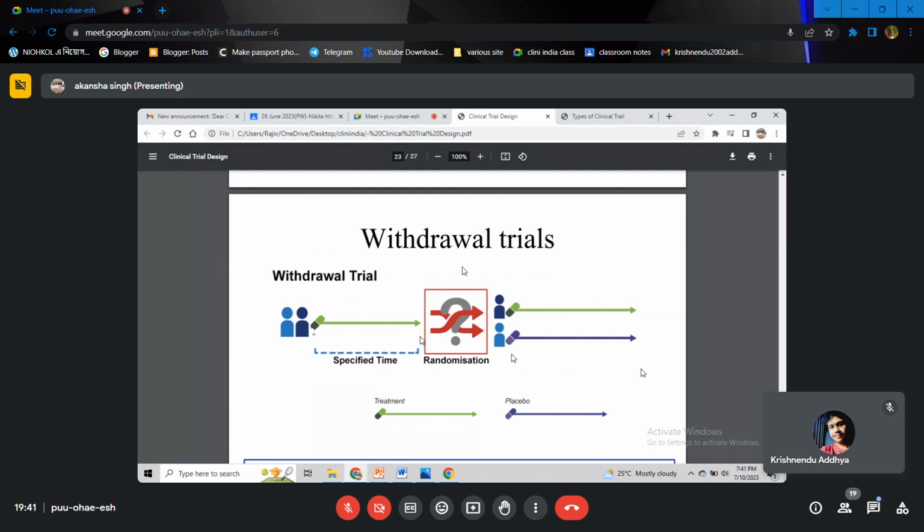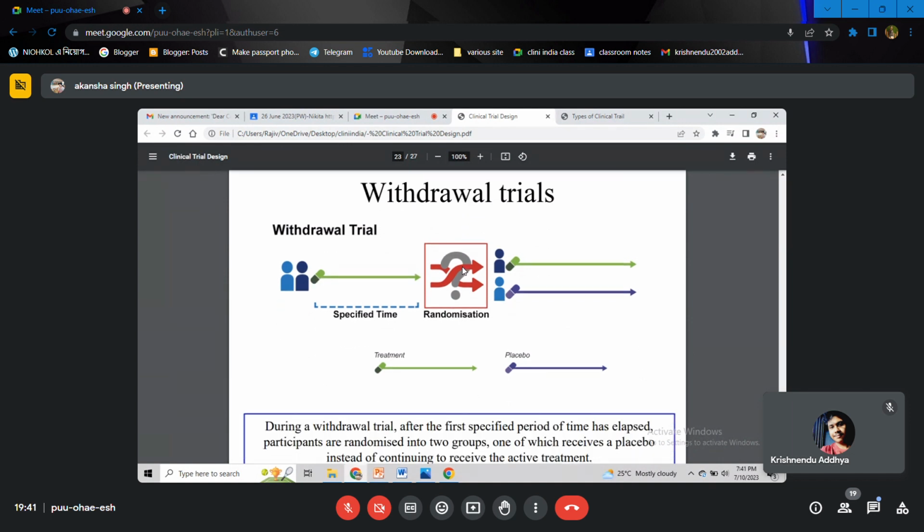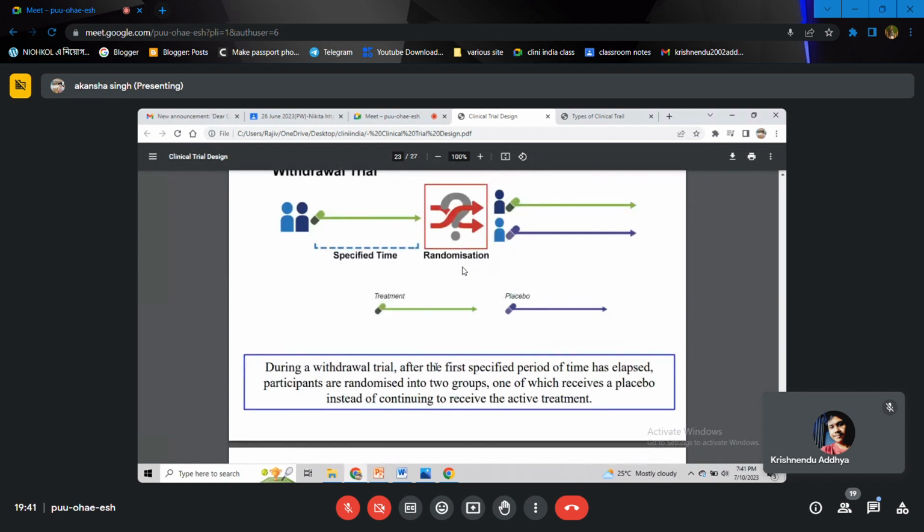This trial is called a withdrawal trial. During a withdrawal trial, after the first specified period of time has elapsed, participants are randomized into two groups. One will receive a placebo instead of continuing to receive the active treatment. This is called withdrawal trials.